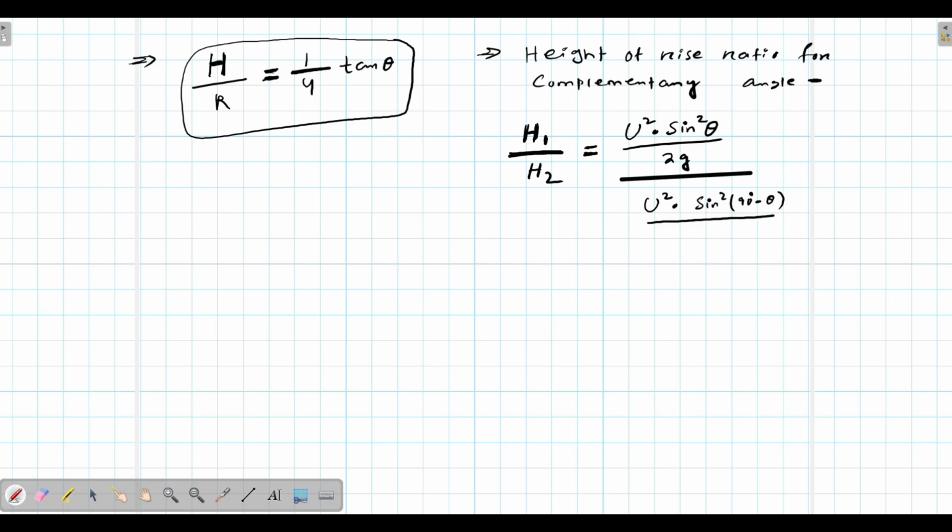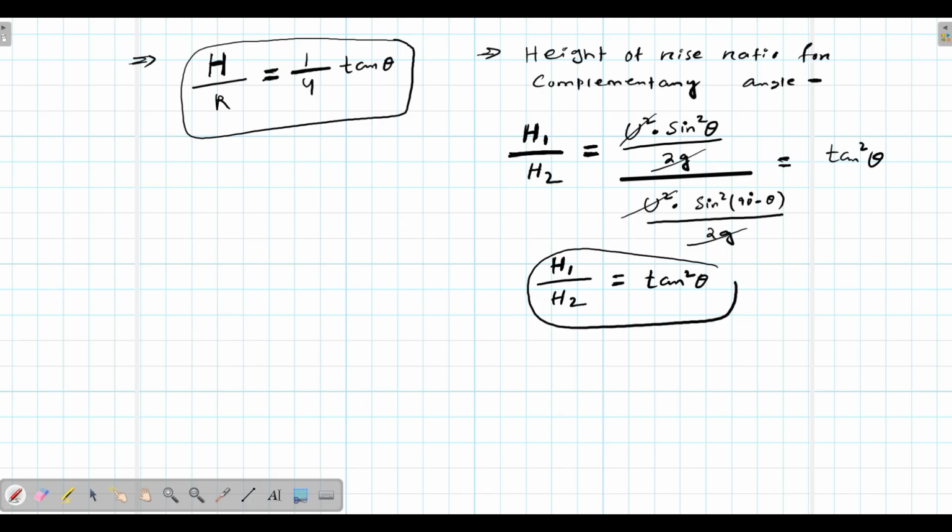That equals, U square and 2g cancel, sine square theta divided by cos square theta. So that is tan square theta. H1 by H2 equals tan square theta.